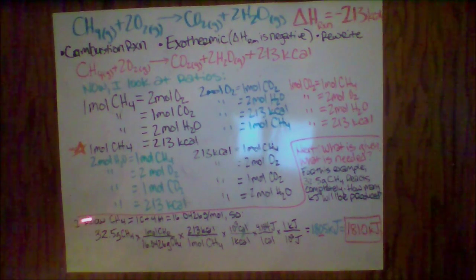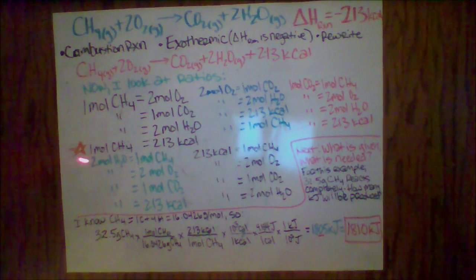So then I start to write out my equation. I'll start with my given, and I know that the grams of CH4 are going to need to be on the bottom of the next. So that's why I put in my molar ratio, or my molar mass. So 1 mole of CH4 is 16.0426 grams of CH4. So now I have moles of CH4 that needs to go on the bottom because I'm not ready for that.